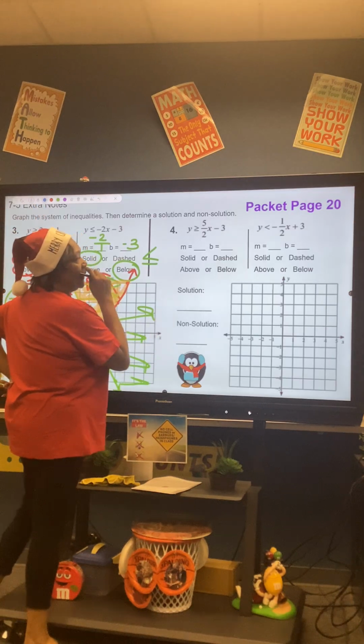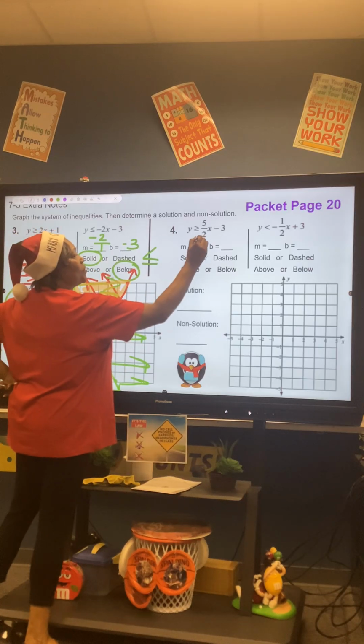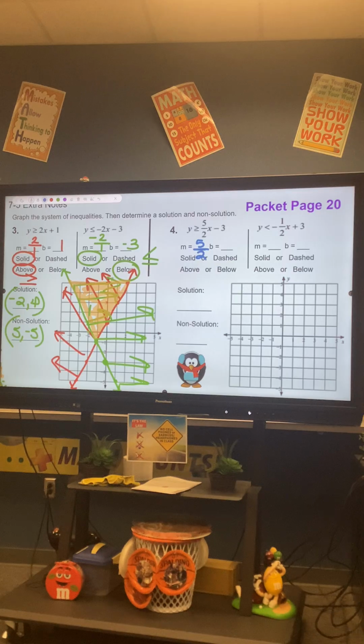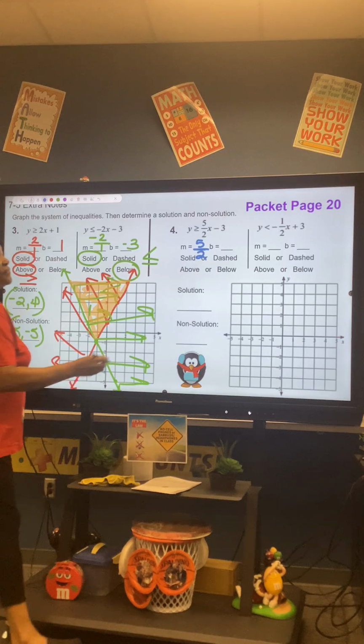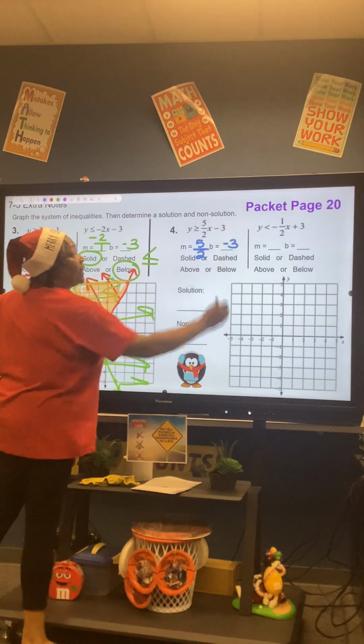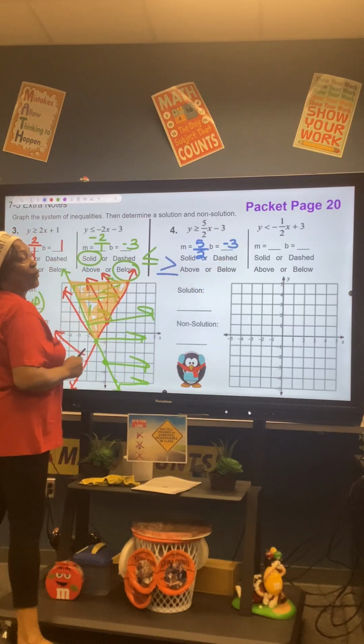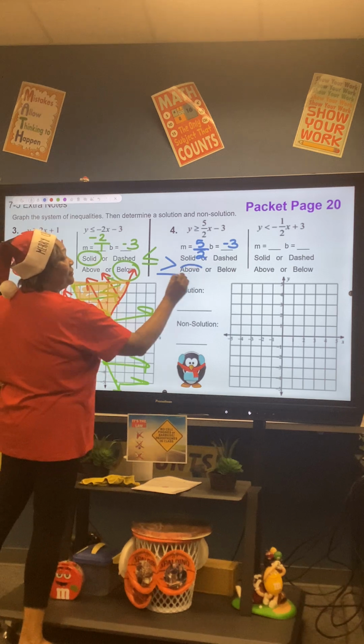Y is greater than or equal to 5 over 2, so my slope is 5 over 2. That slope is positive, so that means that line is going to rise. My y-intercept is a -3. Okay. My inequality sign tells me 2 things. It is greater than, so that means I'm shading above.